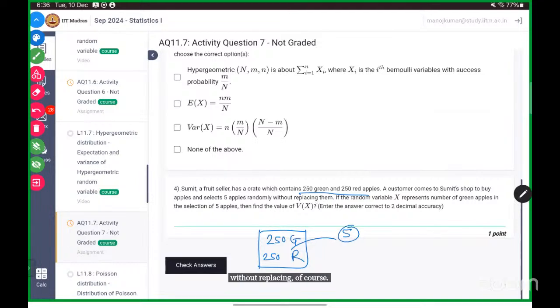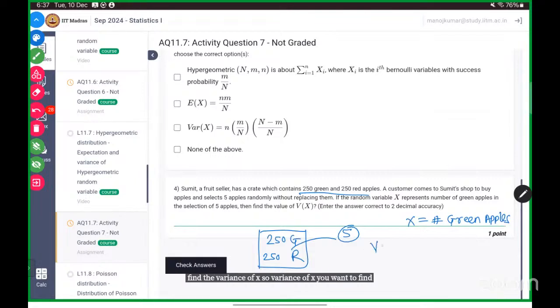If the random variable x represents the number of green apples in the selection of 5 apples, then find the variance of x.